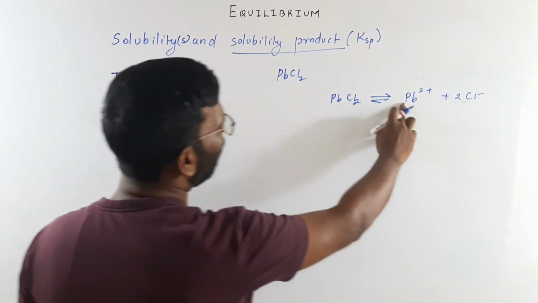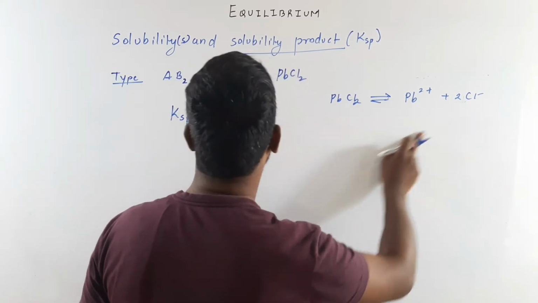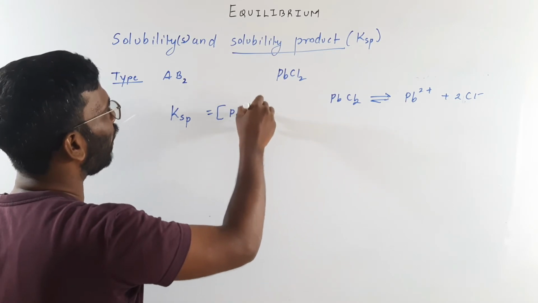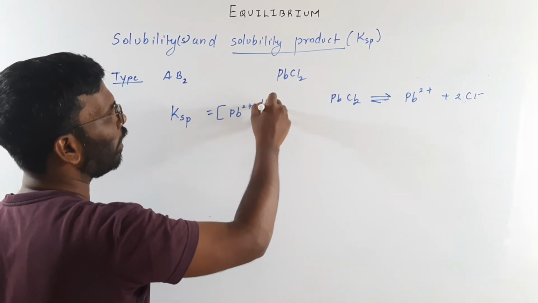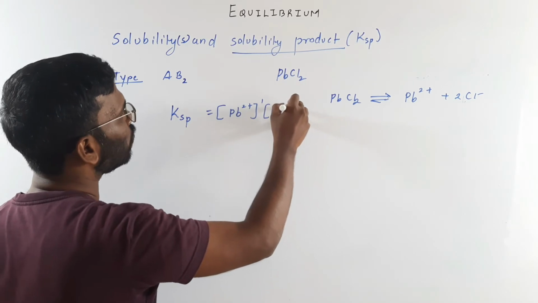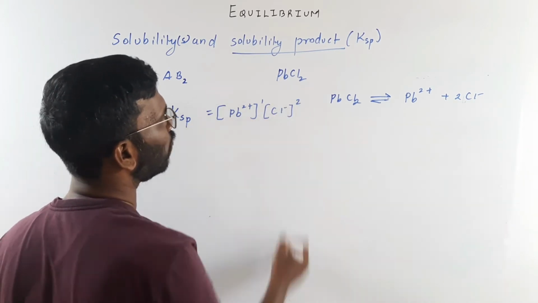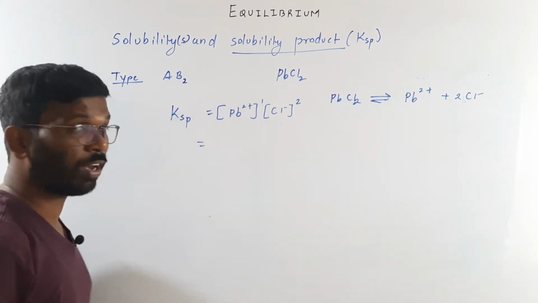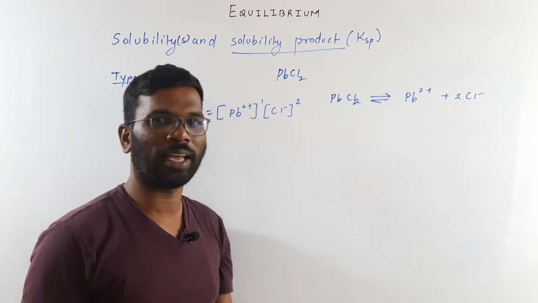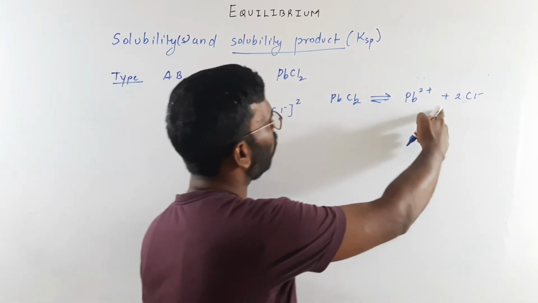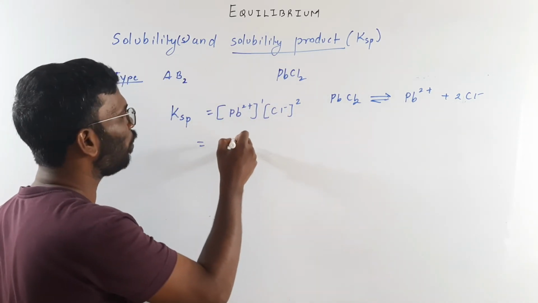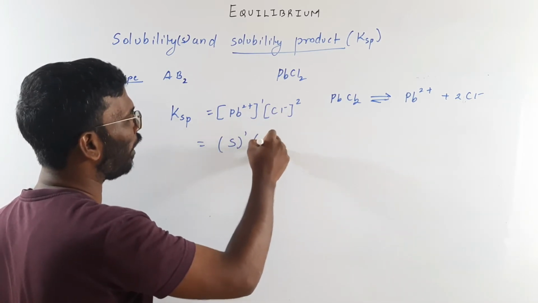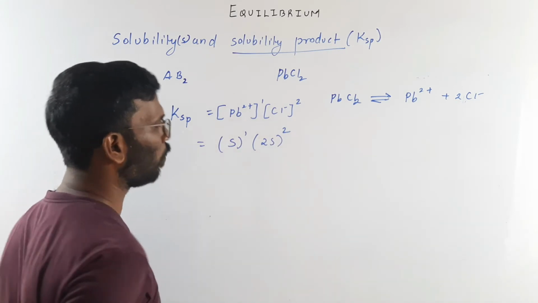So I am getting one ion of this and two ions of this. So I am writing the solubility product as the concentration of Pb2 plus raised to 1 and the concentration of Cl minus raised to 2. Since there is one ion of lead and two ions of chlorine formed, I will write solubility S raised to 1, and since this is from two ions, I will write 2S raised to 2.